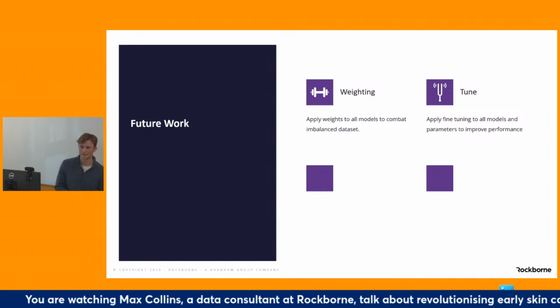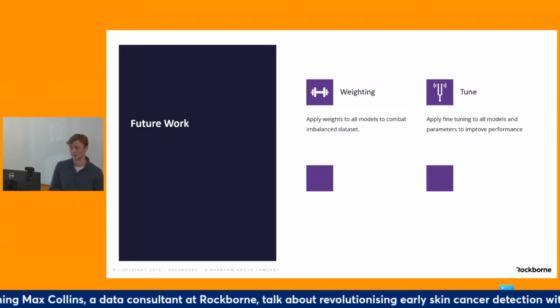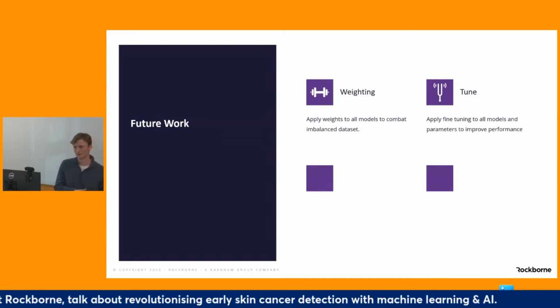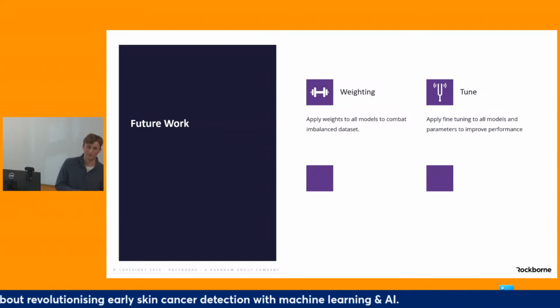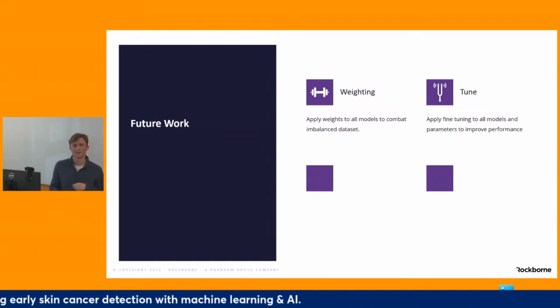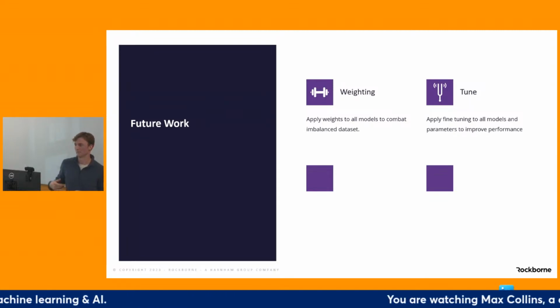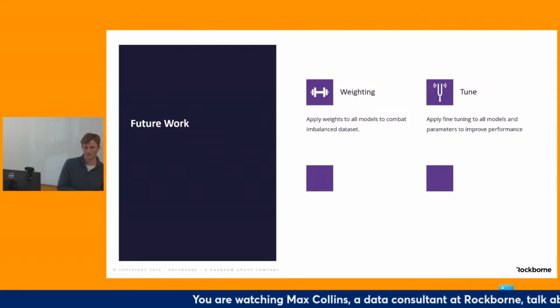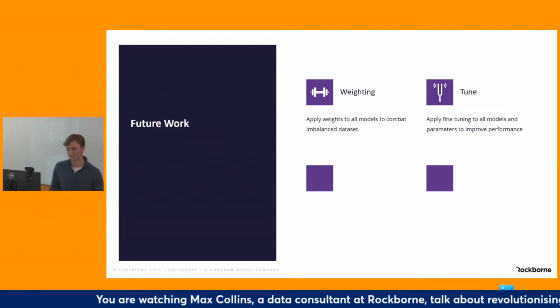As people have highlighted, fine tuning. There's so many parameters in these models that can all be optimized. Training with the full-sized images. There's lots of things that can be done to improve the model performance. But as I've said, my priority was to try out different new things and make it into this more accessible format.